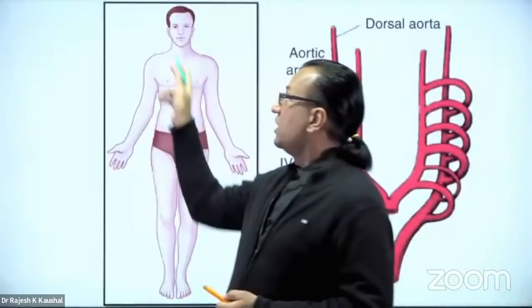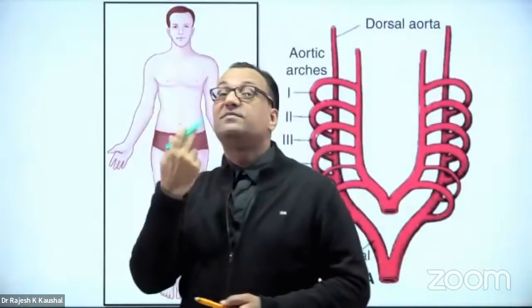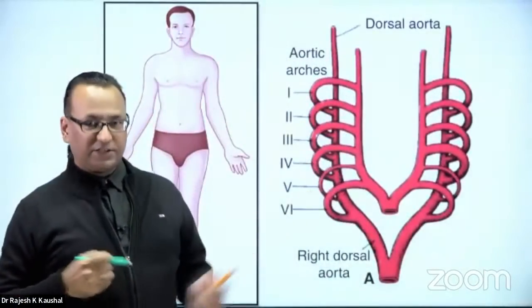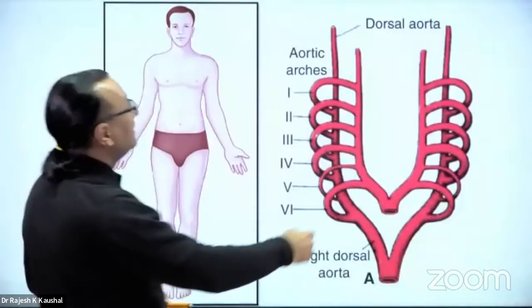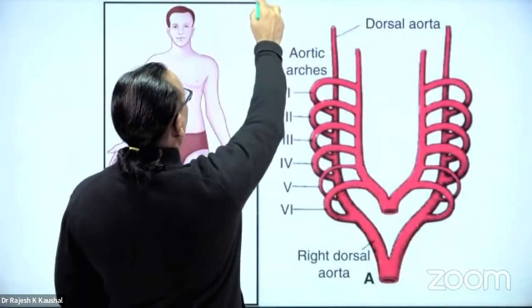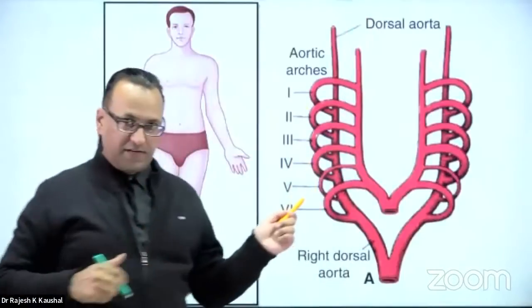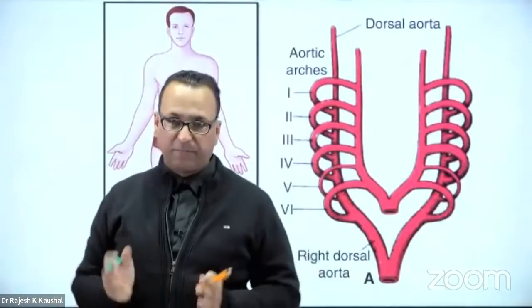Fishes will also have some arteries in the neck region, but we have got some modifications. So what are the modifications? Actually, there are total 6 pharyngeal arch arteries, out of which 3 will disappear and 3 will persist.